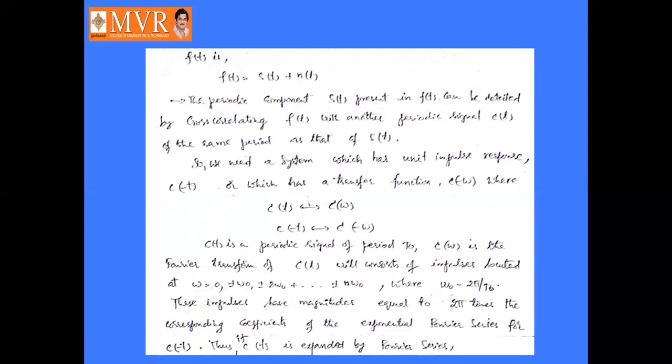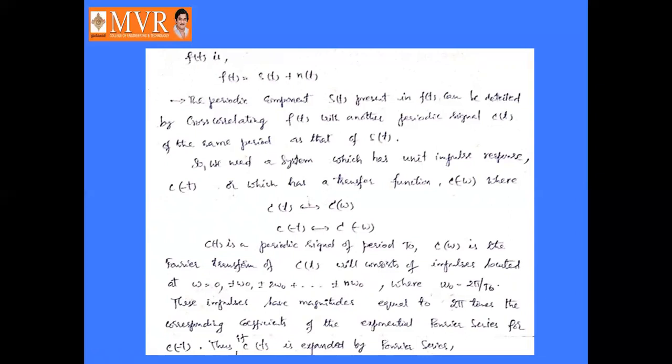Here, c(t) is a periodic signal of period T naught, and C(omega), the Fourier transform of c(t), consists of impulses located at omega equal to 0, plus or minus omega naught, plus or minus 2 omega naught, up to plus or minus n omega naught, where omega naught equals 2 pi by T naught, or 2 pi f naught.